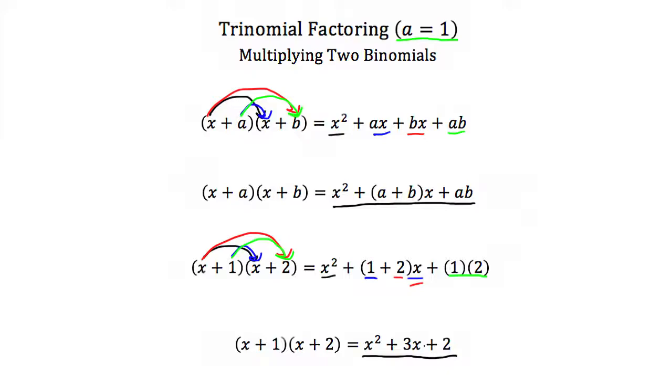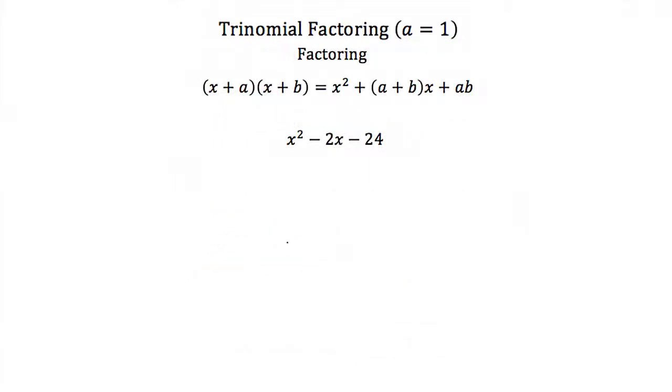The idea of trinomial factoring is to take this form here and bring it back to its factored form that looks like that. So say I had the trinomial x squared minus 2x minus 24, and I wanted to factor that. Well, let's think about what's going on here.